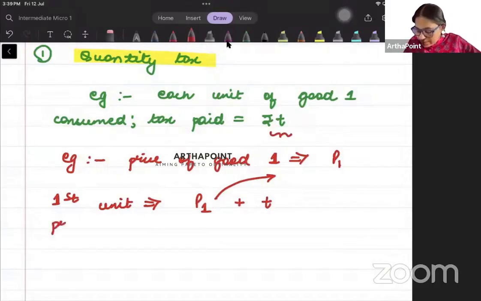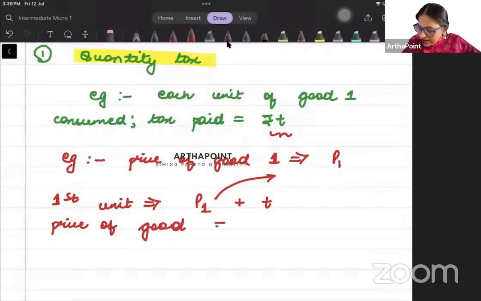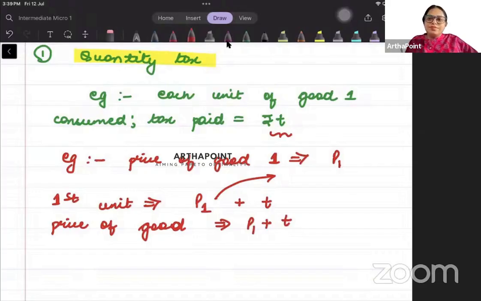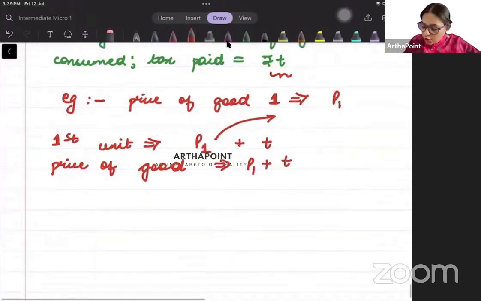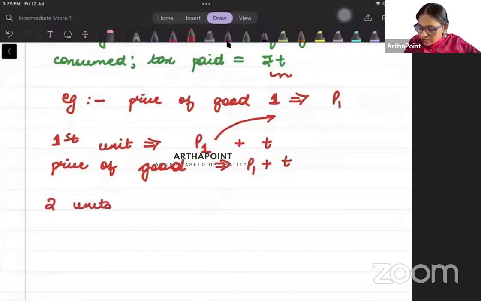So beta, what is the price of good finally? The price of good will be P1 plus T, right? Acha, what if you consume 2 units?